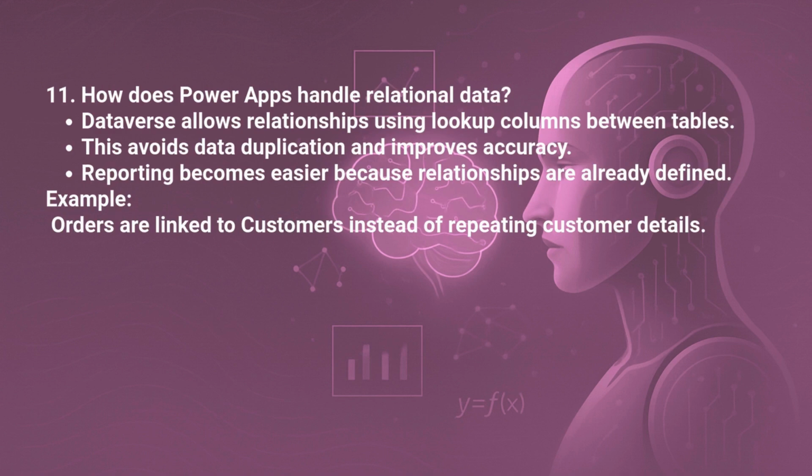How does Power Apps handle relational data? Dataverse allows relationships using lookup columns between tables. This avoids data duplication and improves accuracy. Reporting becomes easier because relationships are already defined. Example: orders are linked to customers instead of repeating customer details.